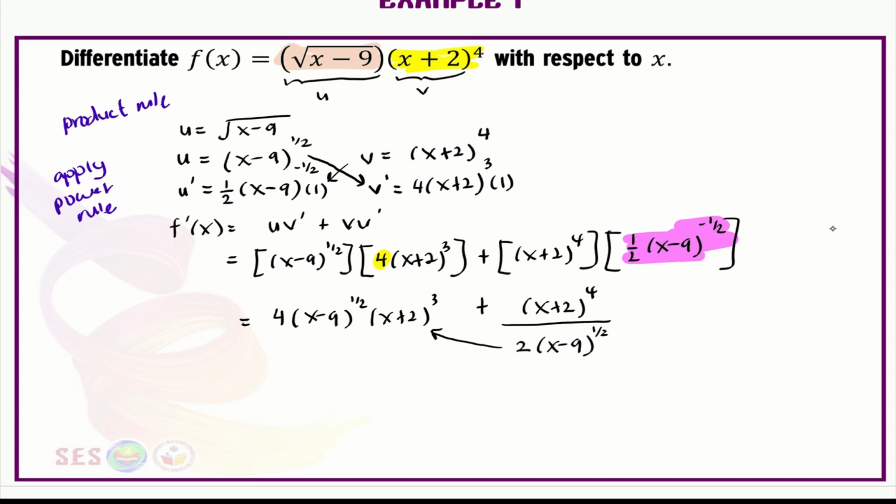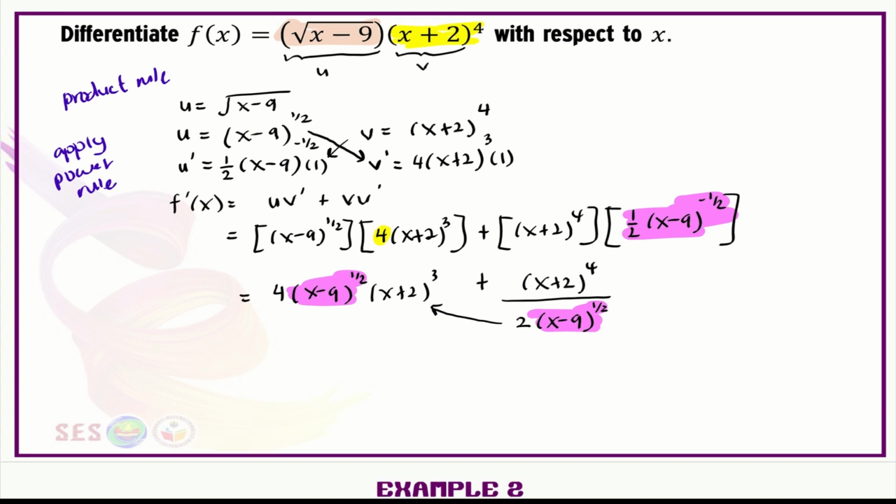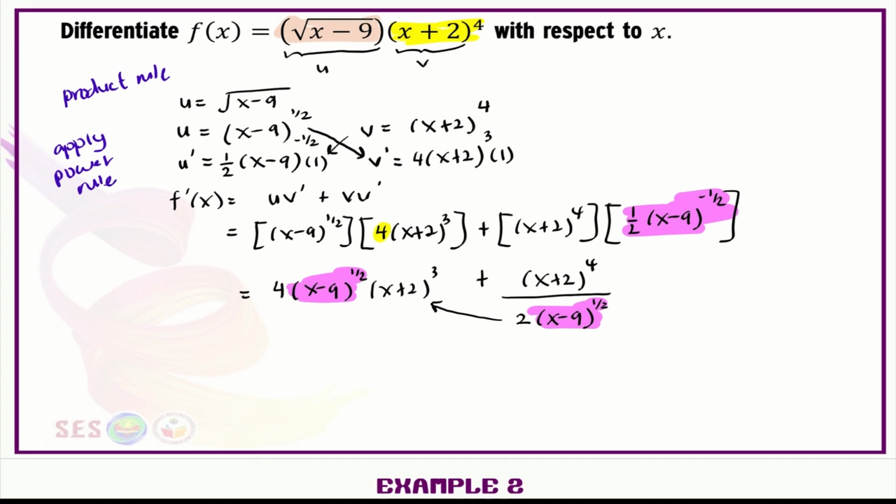As we can see, this is (x minus 9) to the power of 1 over 2, and this is also (x minus 9) to the power of 1 over 2. When they are being multiplied, the power becomes 1 as they are added up. So we should have now, don't forget this 4 and 2 will be multiplied as well. So we have 8 times (x minus 9) to the power of 1 for this case now.